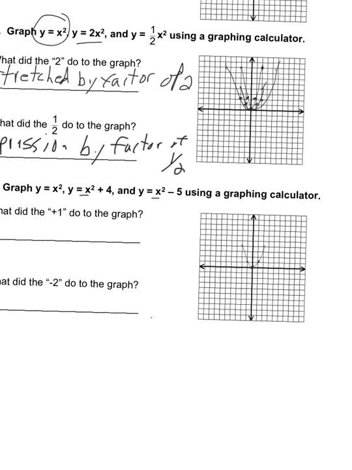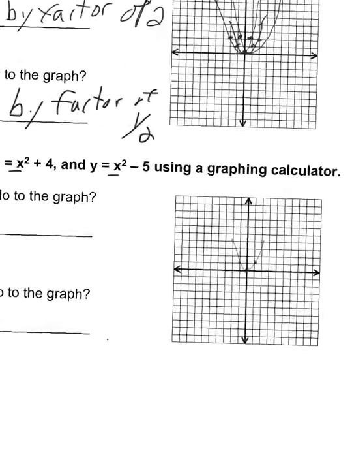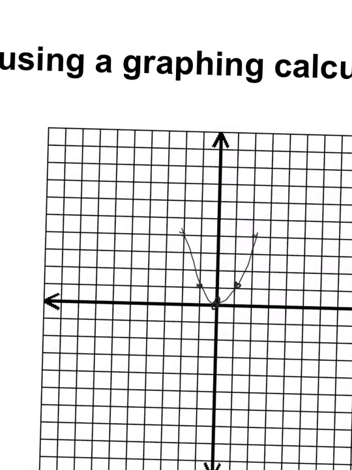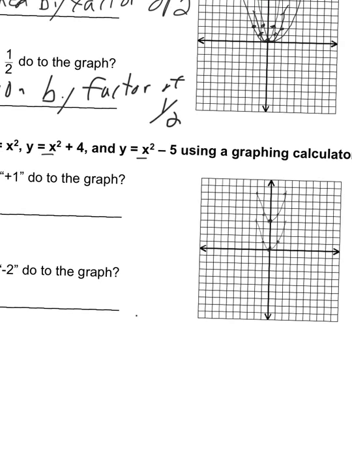When I put that in, I see that it takes the exact parent and moves it up 4. From there, same thing, over 1, up 1, so it's the exact same size, width, and height as the parent. Over 2 from that vertex, up 4.